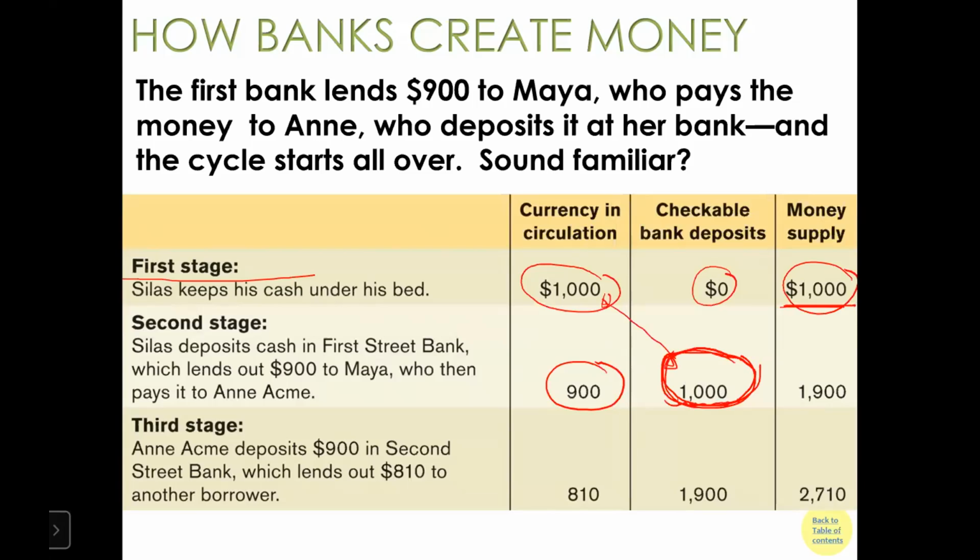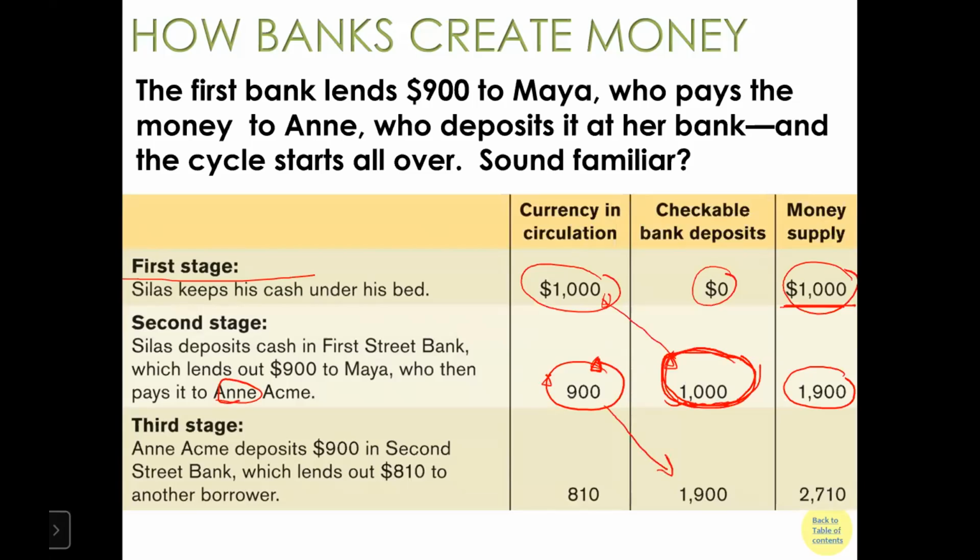Silas's cash becomes bank deposit. Also, we have Maya. Maya has $900 of loan, and she is going to withdraw the cash from the bank. Now we have a money supply of 1,900. This 900 was a loan taken by Maya, and Maya paid it to N. And then N is going to deposit the money in the bank.